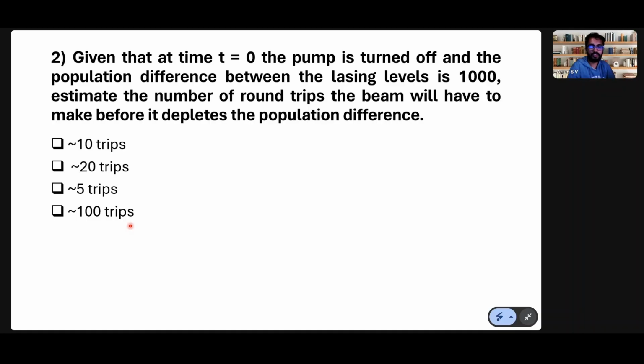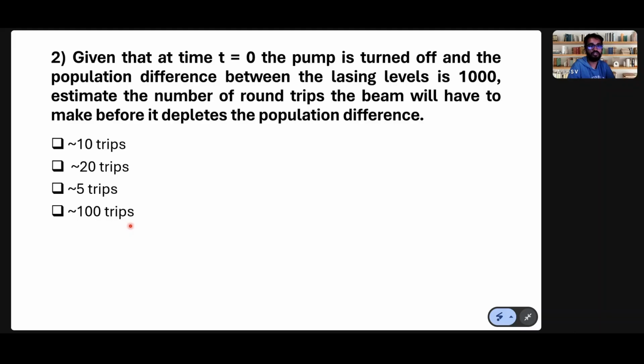Every time the beam has to make a round trip, the population difference is kind of decreased by half.